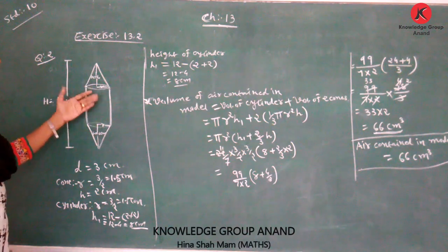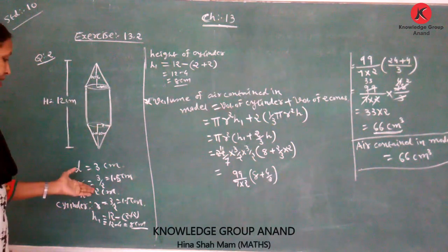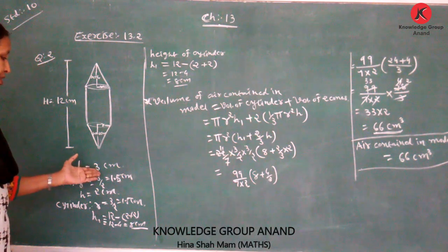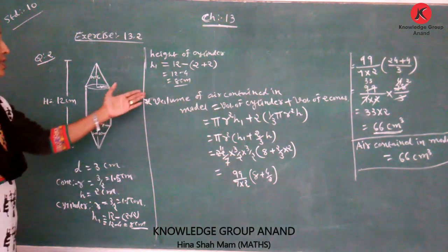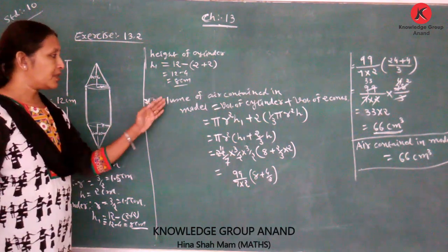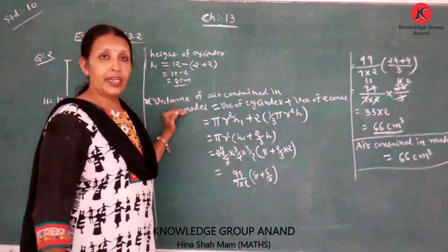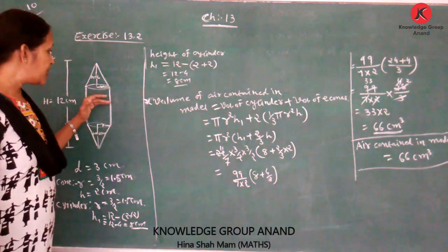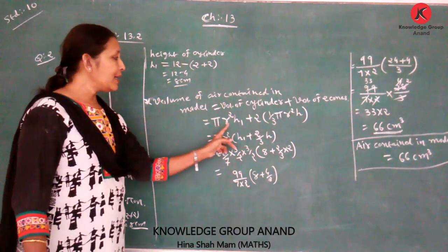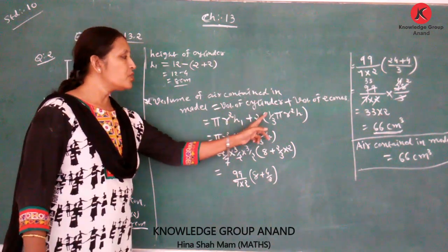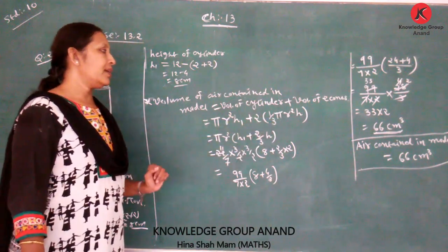The radius of the cylinder and cone is the same; diameter is 3 centimeter, so radius is 3 by 2, which is 1.5 centimeter. The volume of air is the volume of the cylinder plus the volume of two cones. The formula is pi r square h1 plus 2 into 1/3 pi r square h.